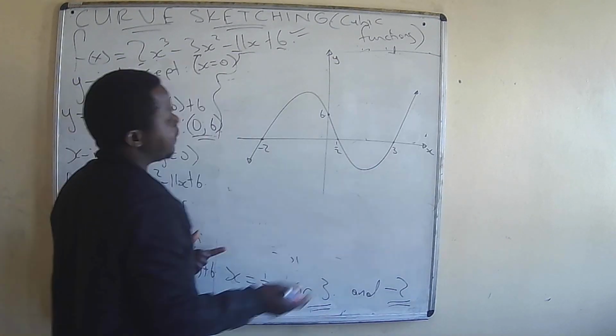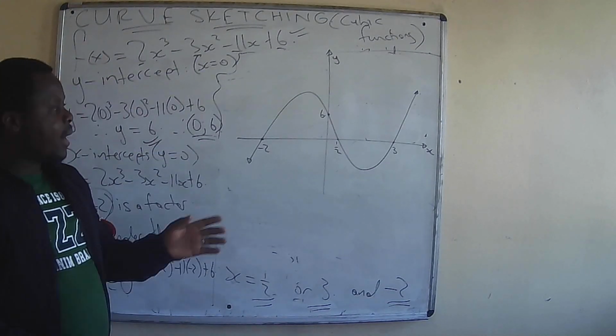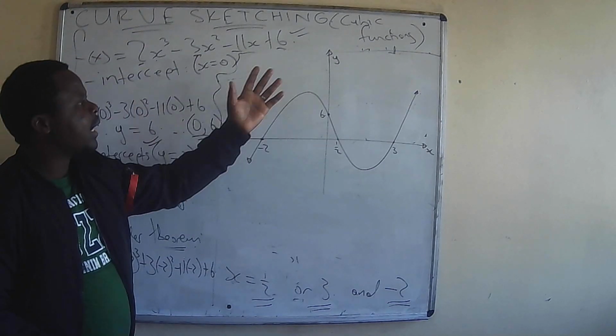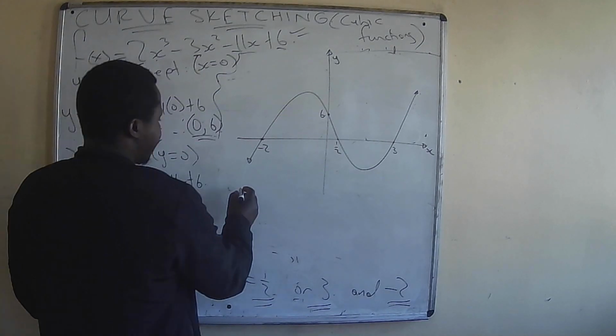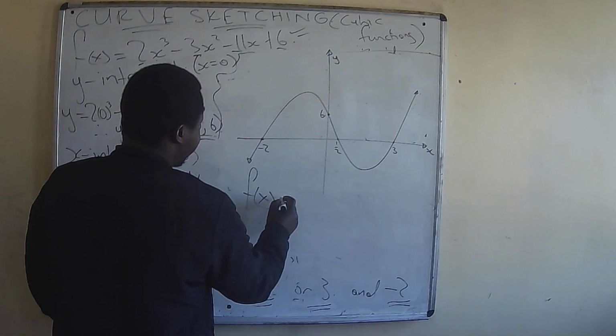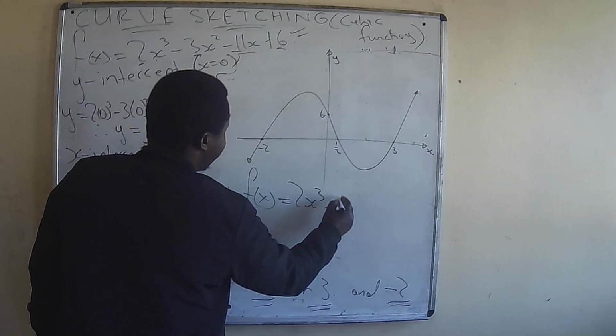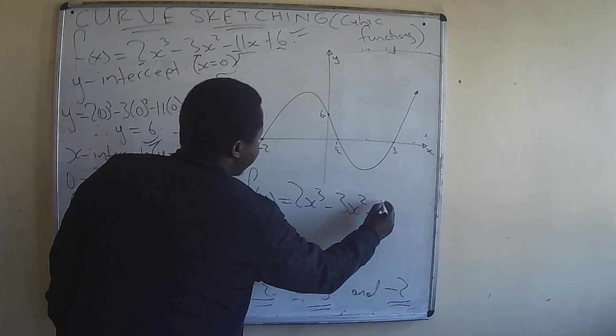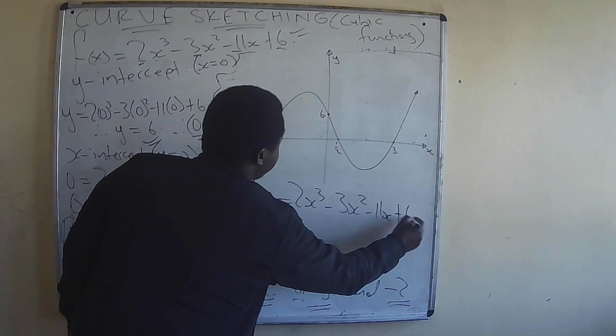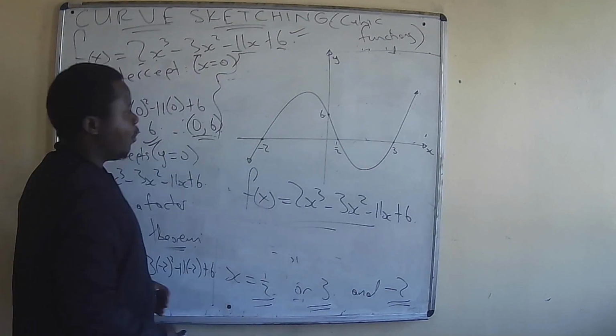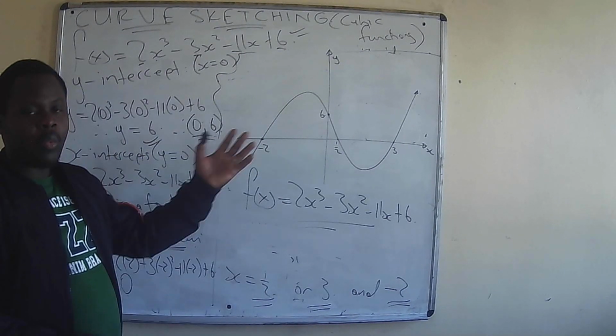So basically we have sketched our cubic function, f of x, our original, which is 2x cubed minus 3x squared minus 11x plus 6. So finally we have our x-intercepts and our y-intercept.